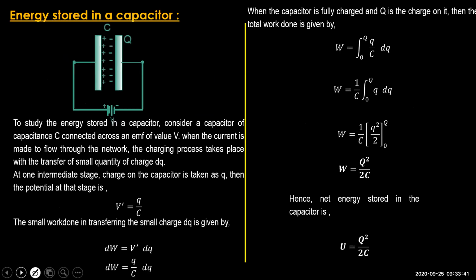Now, let us move to the next concept, that is energy stored in the capacitor. Already we have learnt about the electrostatic potential energy. Anybody want to give the meaning of electrostatic potential energy?